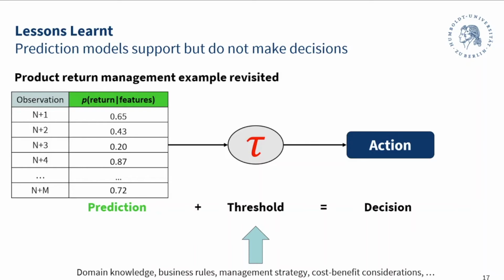You multiply that with 1 minus the return probability that comes from your model. That's your expected benefit. You hopefully have from accounting an estimate of what it will cost you to handle the return. You multiply that cost with the model estimated return probability. There is your estimate of the cost. And then you maximize your expected value.